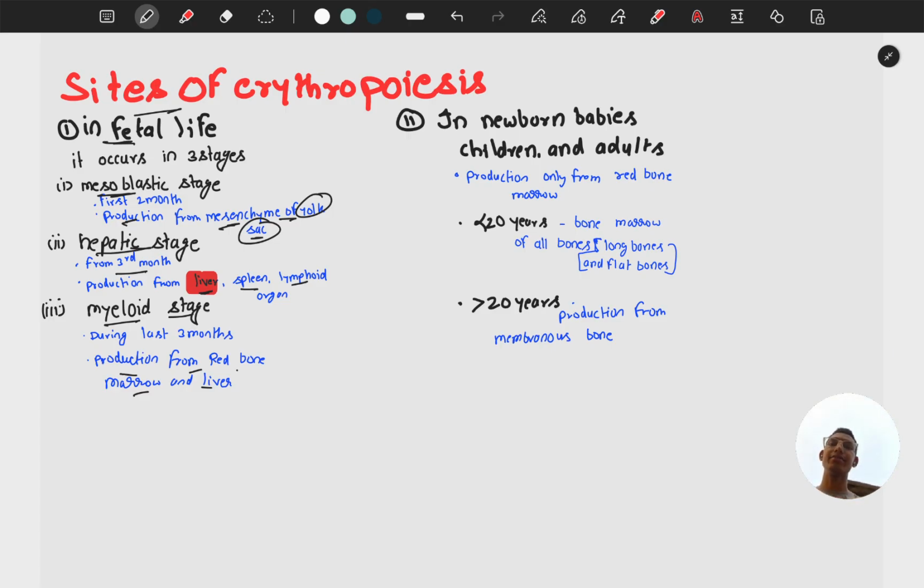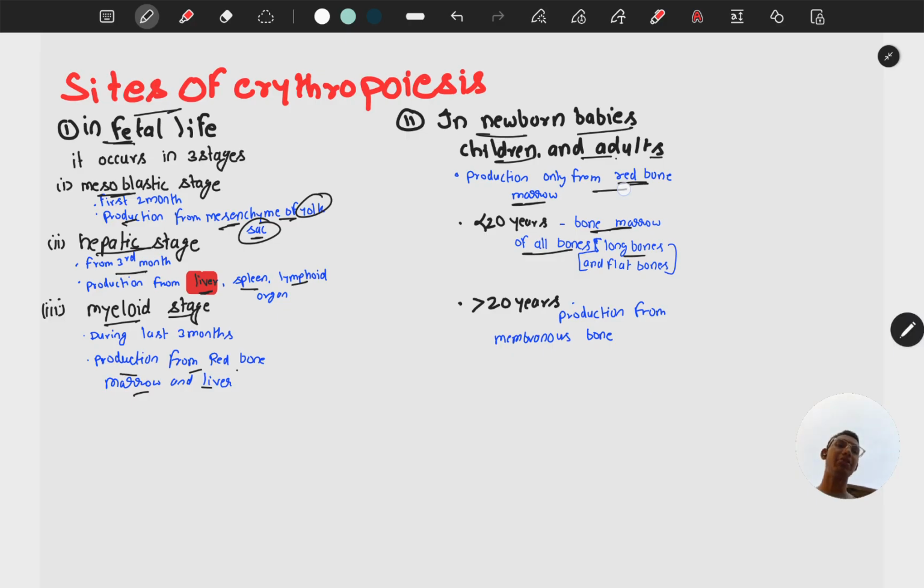And then the second stage is in newborn babies, children, and adults. First of all, erythropoiesis mainly occurs in red bone marrow only. In individuals less than 20 years, the bone marrow of all bones takes part in erythropoiesis. Here we are talking about red bone marrow only.